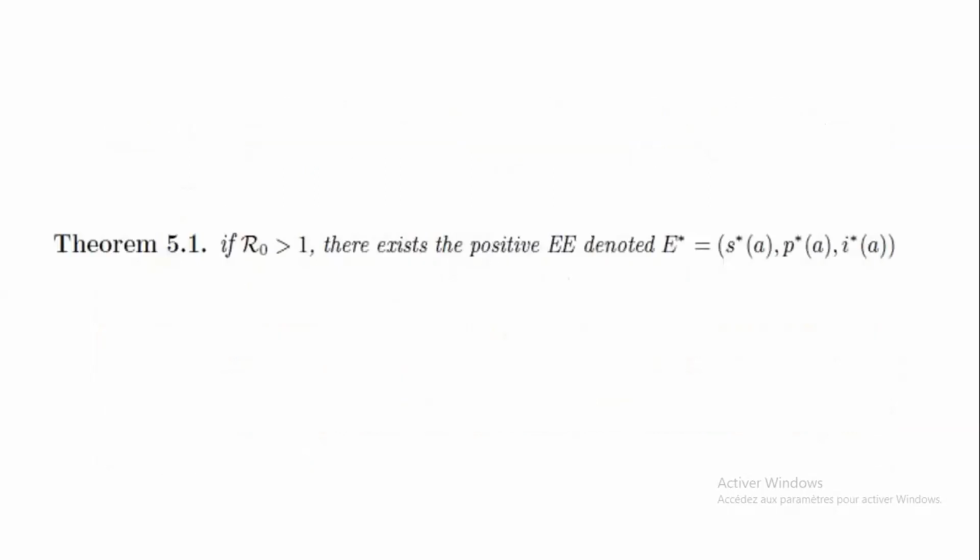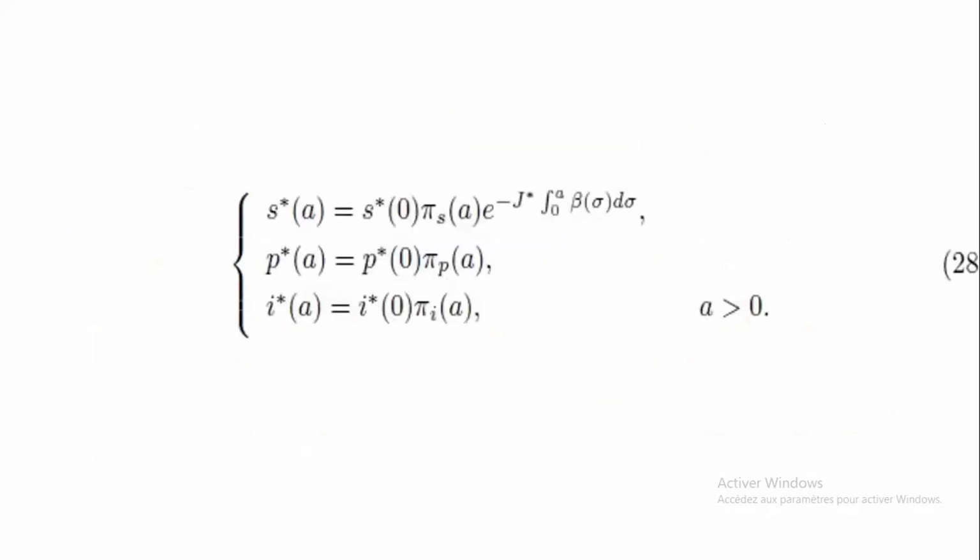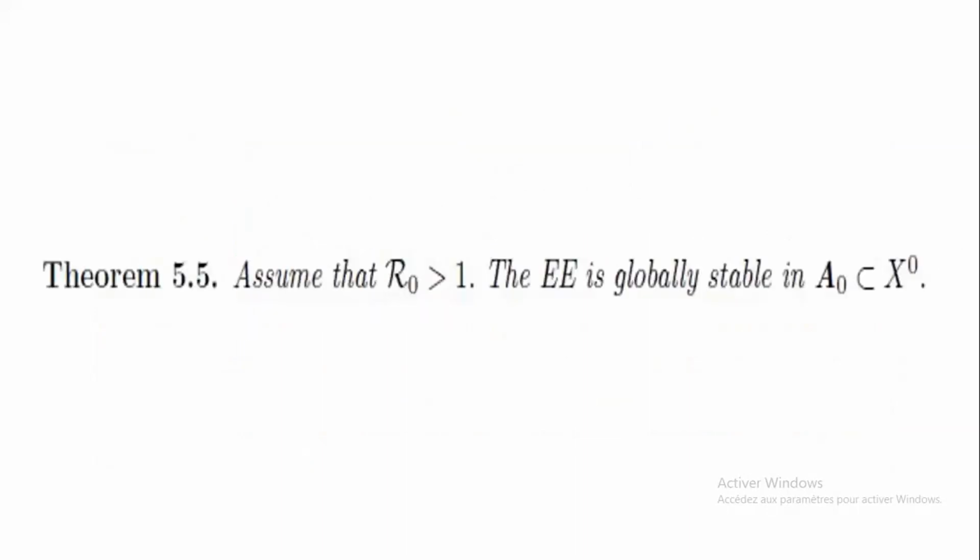Now if R0 is greater than 1, there exists another equilibrium which is positive, denoted EE, the endemic equilibrium, given by this expression. Another stability theorem: if R0 is greater than 1, the EE is globally stable in an appropriate set which is compact.